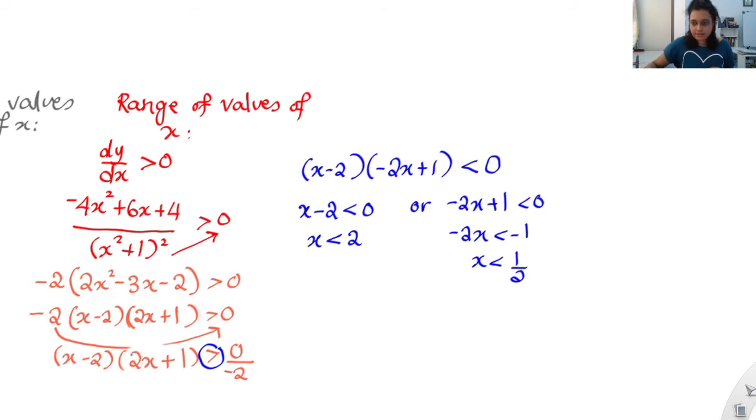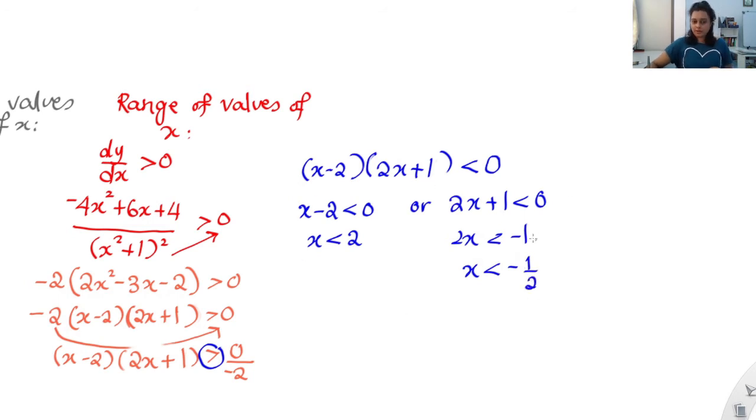So your x here is different now, 2x plus 1. So this part here, we get 2x plus 1. So 2x plus 1 lesser than 0. 2x is lesser than negative 1. X lesser than negative 1 over 2.